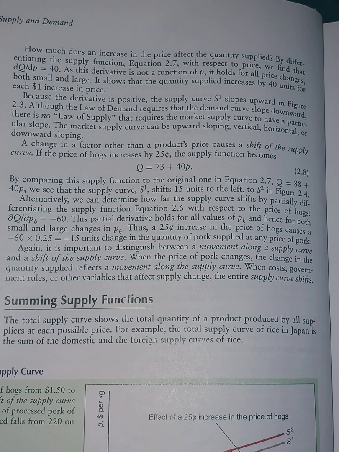This partial derivative holds for all values of p_h and hence for both small and large changes in p_h. Thus, a 25-cent increase in the price of hogs causes a -60 × 0.25 = -15 units change in the quantity of pork supplied at any price of pork.